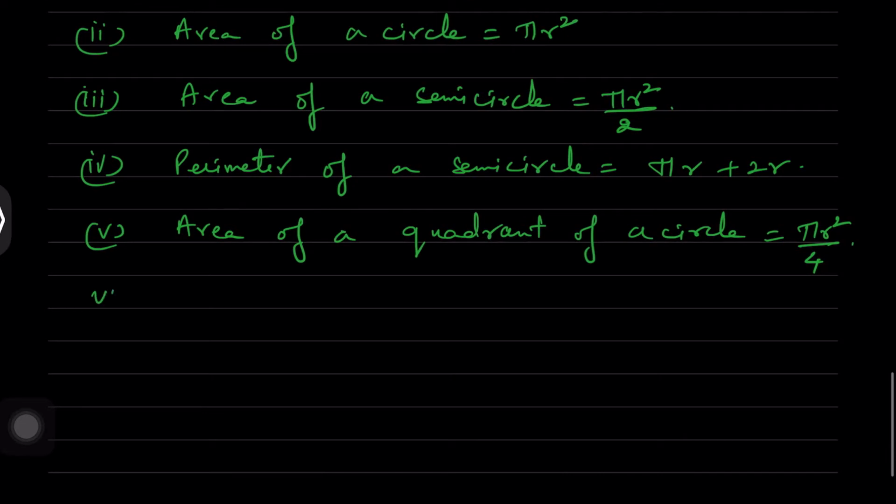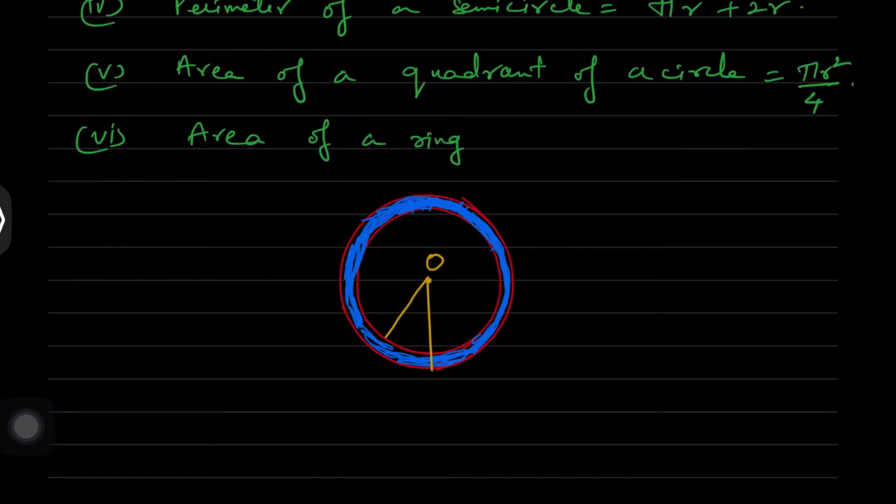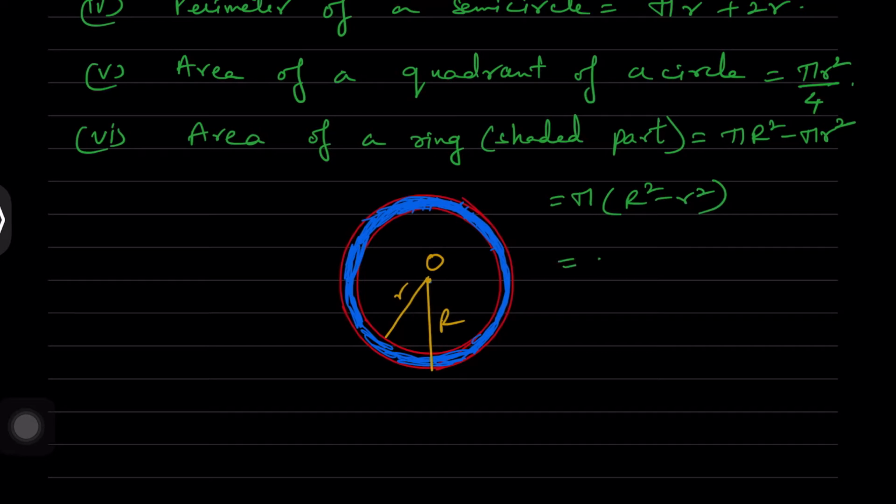The next formula is the area of a ring, from the figure below. The radius of the bigger circle is capital R, the radius of the smaller circle is small r, and the center of the circle is O. The area of the ring, the part shaded in blue, is equal to pi capital R square minus pi small r square, which can be written as pi into R square minus r square, which is equal to pi into R plus r into R minus r.